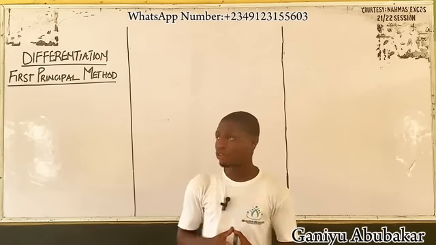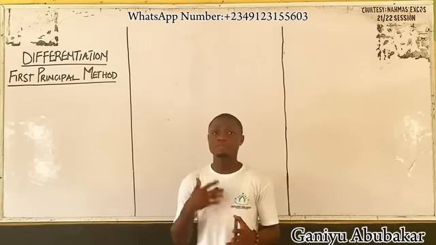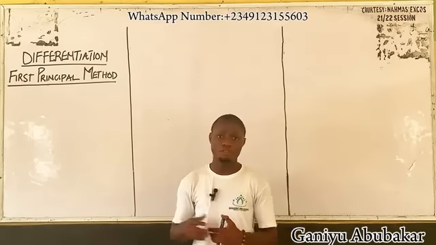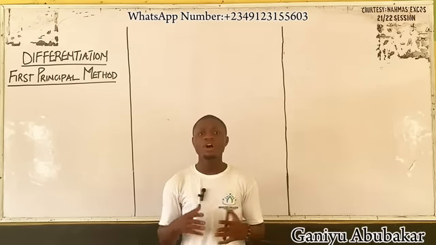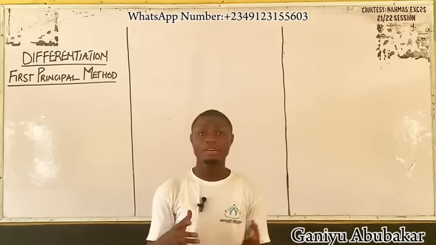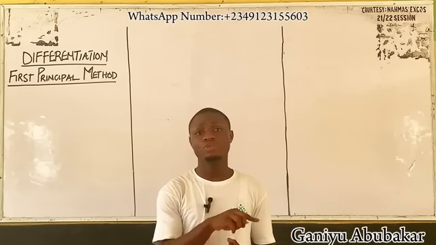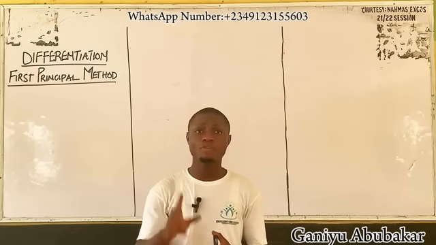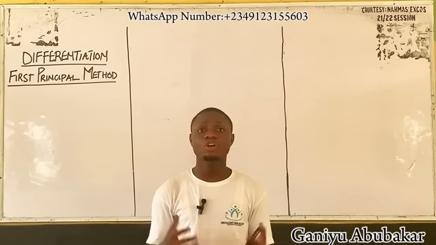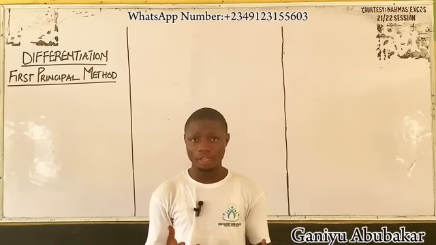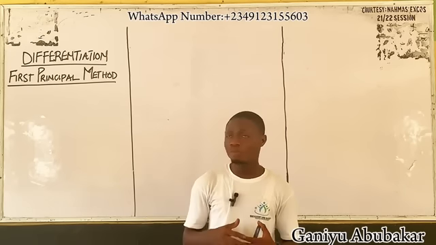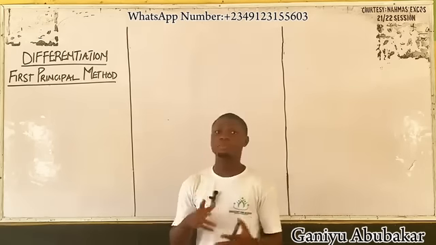So let's look at the second method, called the first principle method. Last class we emphasized something about the general method: the key concept there is to multiply by the power and subtract 1 from the power. Similarly, when it comes to first principle, the concept changes.